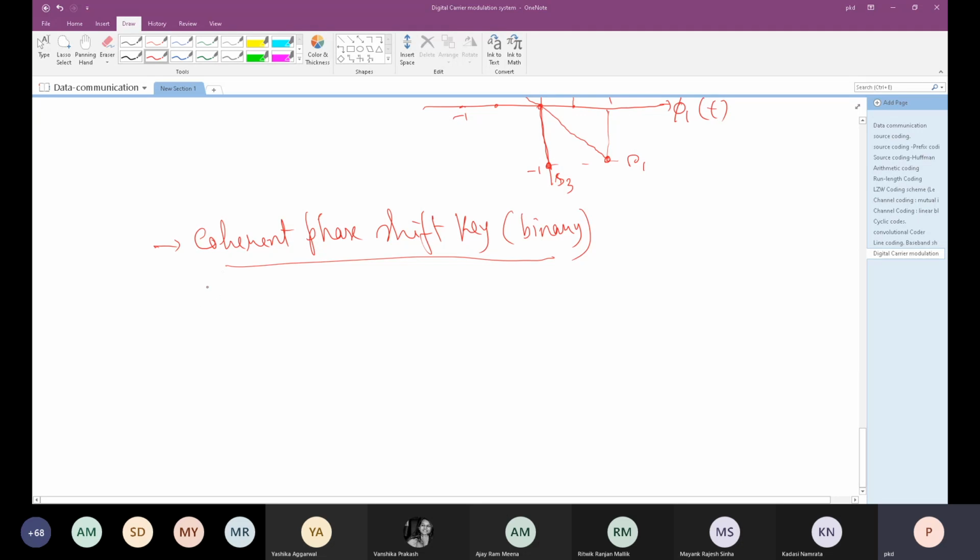And because it is coherent, we know omega c or fc, that is the carrier frequency.